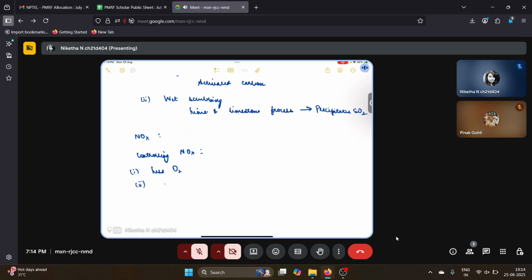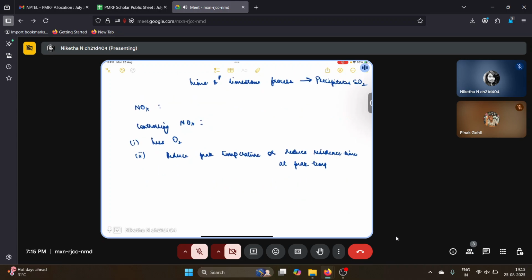So in order to avoid the production of this gas, we can reduce the peak temperature or reduce the residence time at peak temperature. What is the residence time here?